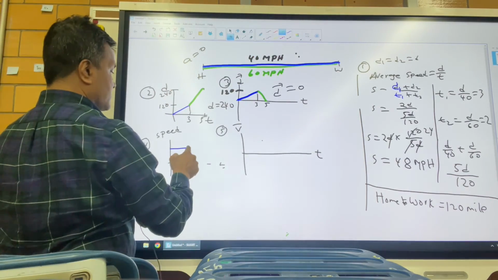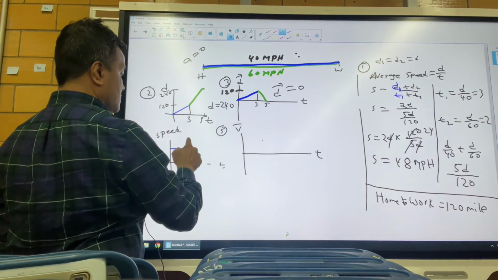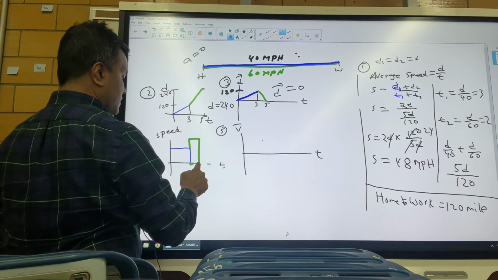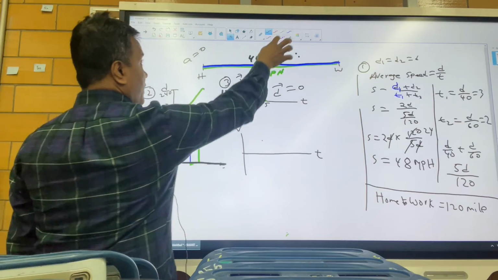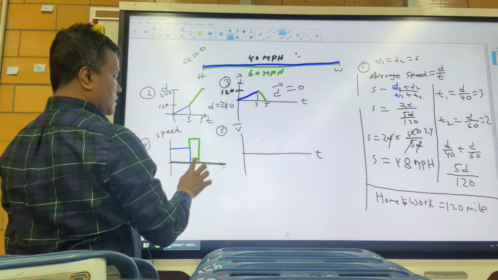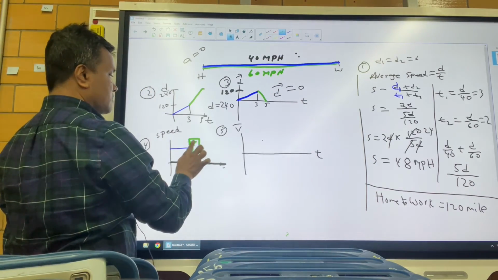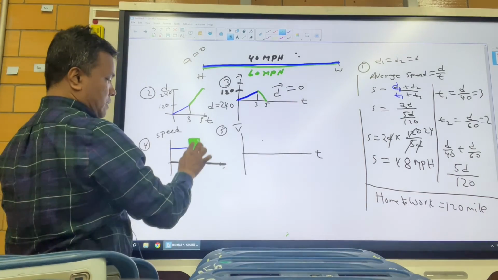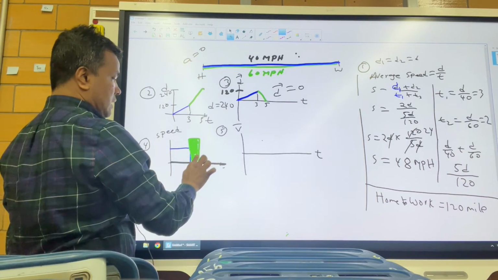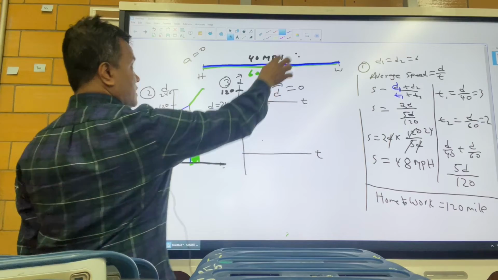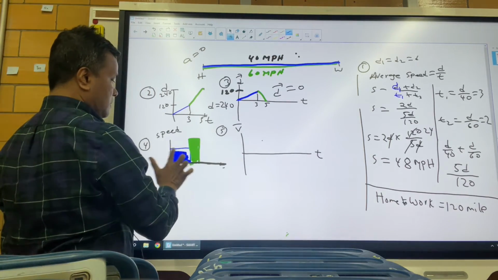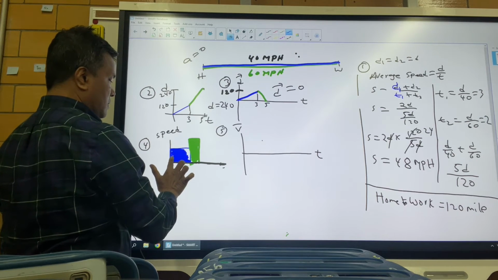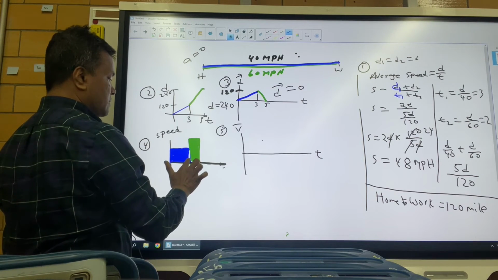So I'm going to do this and then this. All right, so let's shade it. This is the area under the speed versus time graph. This is the area under the velocity versus time graph.